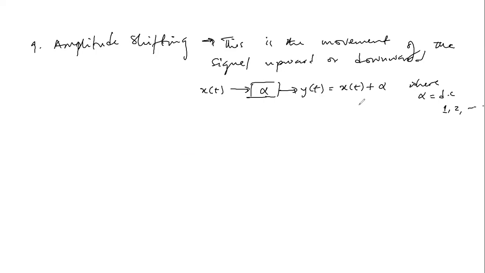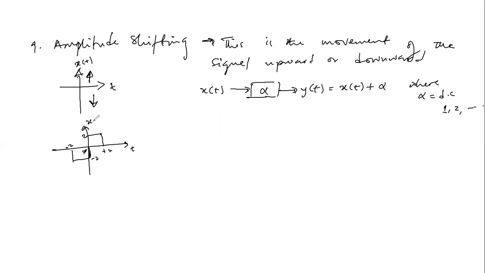So in other words, on the amplitude time scale, the signal can either move upward or downward. So let's take our original signal for instance. So this is -2, this is +2, this is 2, this is -2, this is 0.